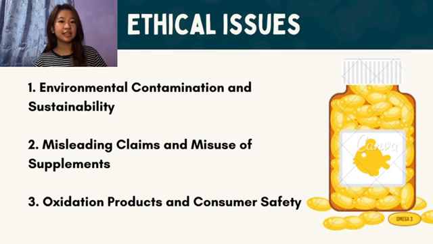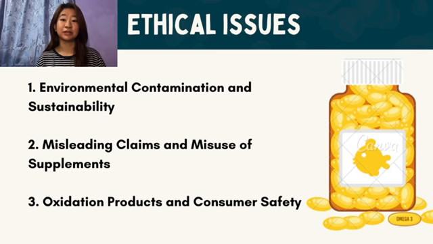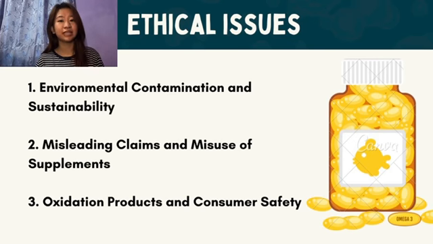And for the ethical issues, omega-3 and omega-6 fatty acids offer many health benefits, but their production and marketing raise ethical concerns about the environment, honesty, and consumer safety. Fish oil sources can contain toxins and cause overfishing, harming both health and marine life.